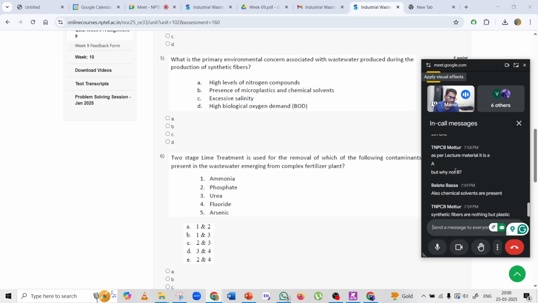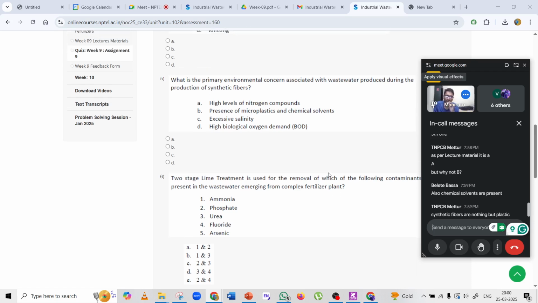No, I don't think as per lecture material it is A. I was going through the lecture notes only. The correct answer will be B only. Presence of microplastic and chemical solvent.